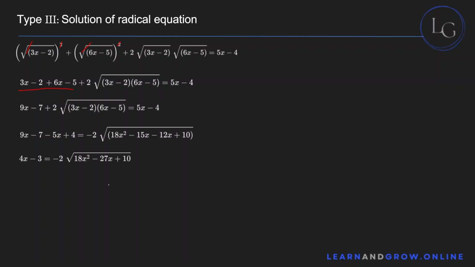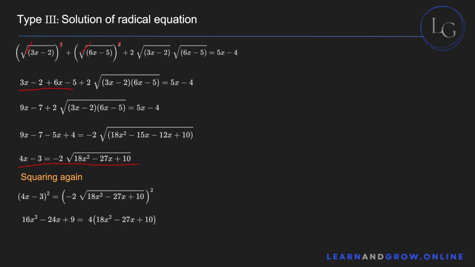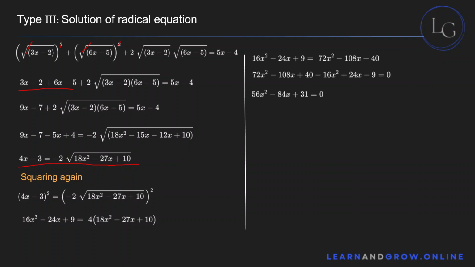Now, upon doing all the calculations, you get this equation here. You'll square both sides so as to eliminate this radical sign. So upon doing that, you get this, and then after all these calculations, you'll get this quadratic equation. Clearly, the factorization of this equation is way too difficult. So you'll just put in the quadratic formula.